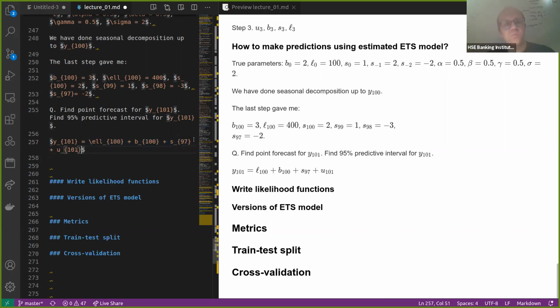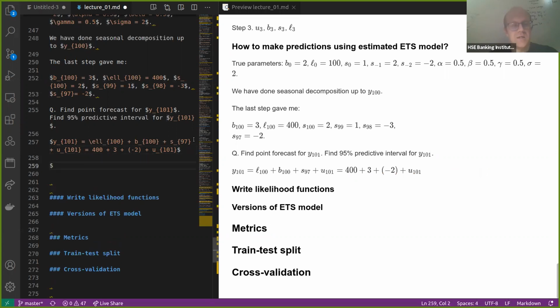So basically I have two parts. The first part is predictable. And so I have 400 plus 3 plus minus 2 plus U101.